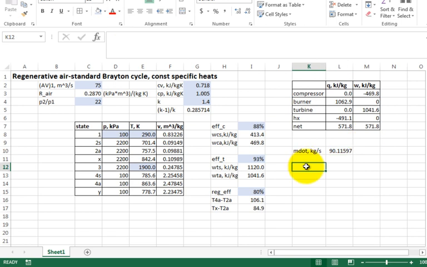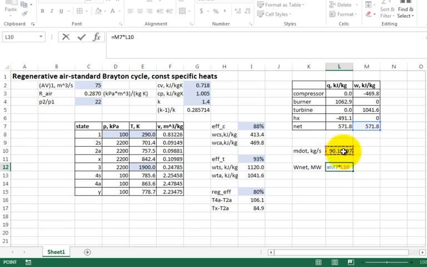So the first part of the question says, what was W net in megawatts? Well, wouldn't it be the specific work per unit mass going through the loop times the kilograms per second? And because they want it in megawatts, not kilowatts, divide by 1,000, and there's the answer.